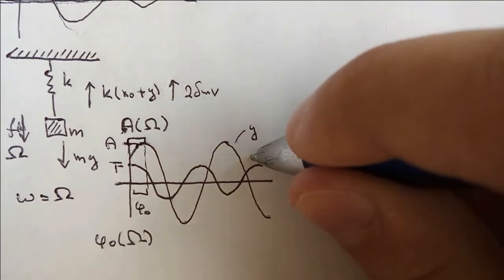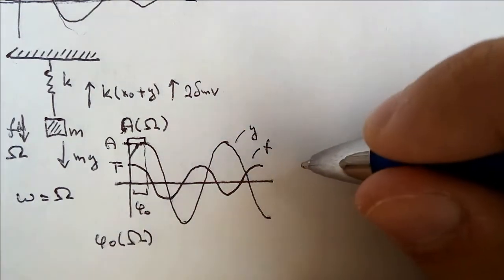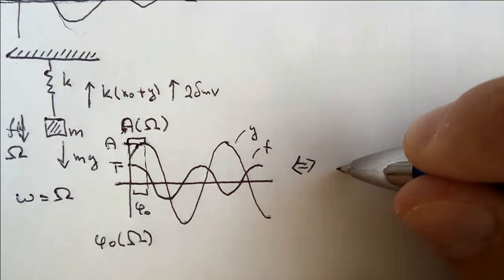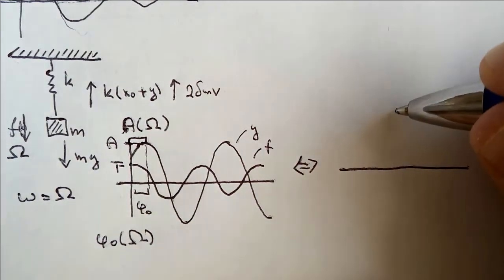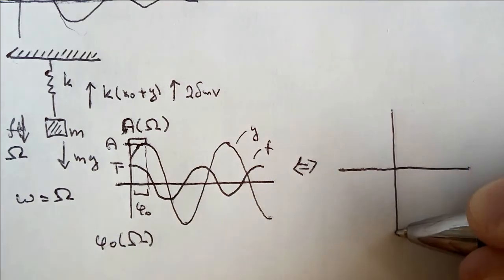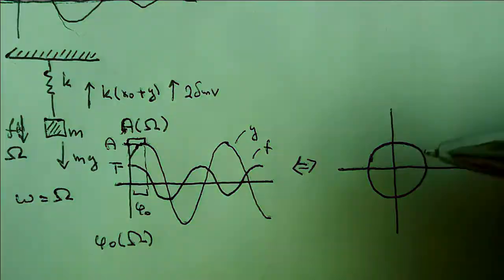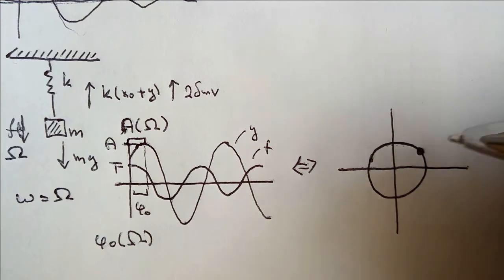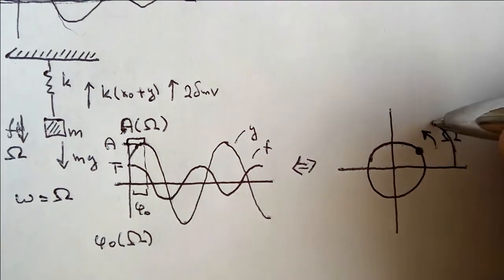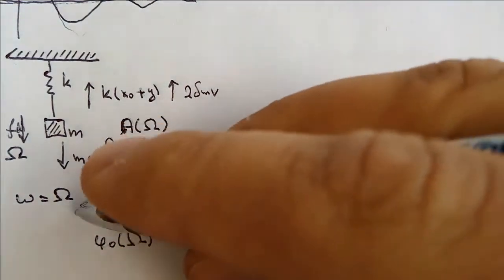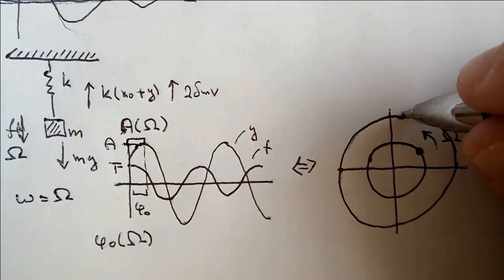This is y and this is f. Again, you can think of this motion as a projection of a complex rotation in the complex plane. There is some point at the edge of the circle moving with frequency omega, and there is another point which is moving with the same frequency. This is the thing you have to accept for solving the problem.